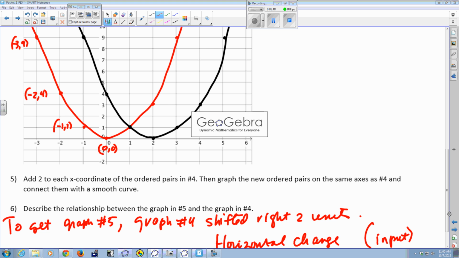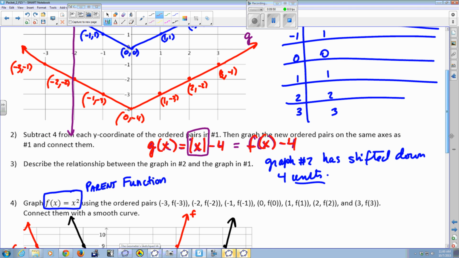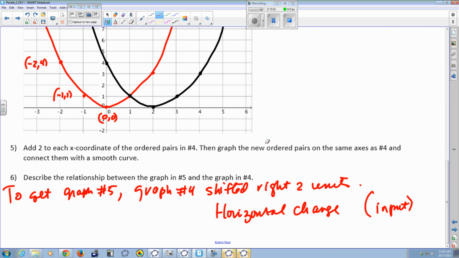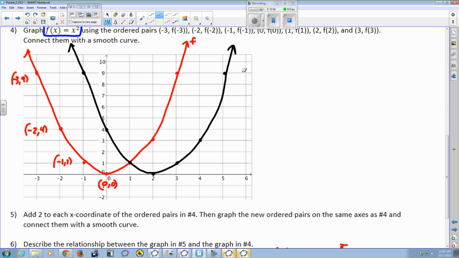If we go back to the top and we talk about shifting down, our output has been affected. And you can see here that the output post-operation has been affected. So now when we think about creating a new function for this black graph, g of x, let's call it, I'm still going to square something, but what's going to change now is all going to occur before I square.